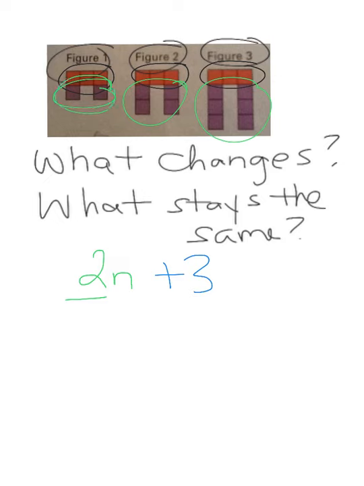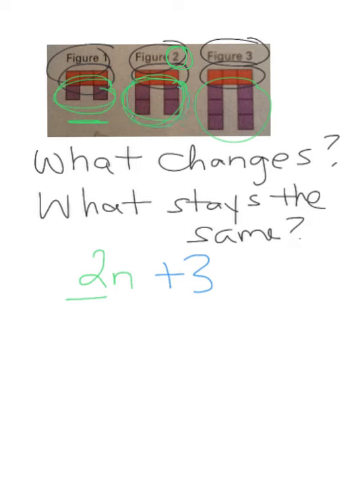So for example, 2 times 1, because this is figure number 1, 2 times 1 is 2. How many purple blocks are there? 2. If we go to the second figure number, again increasing by 2, 2 times 2 is 4. How many purple blocks are there? 4.